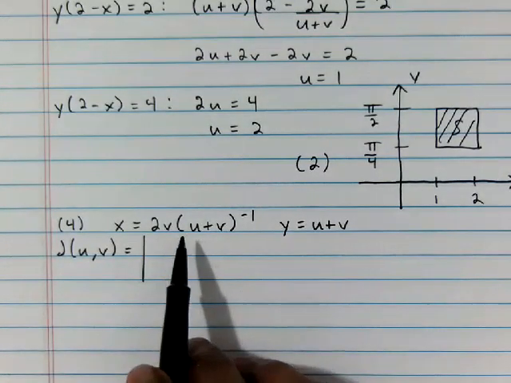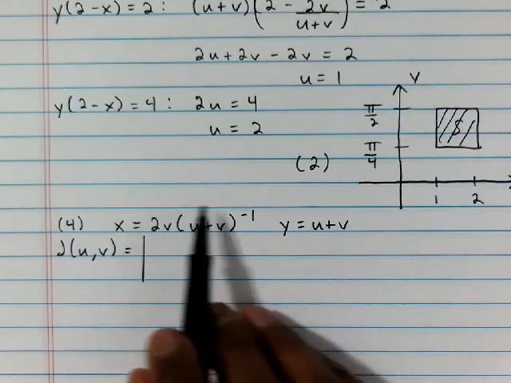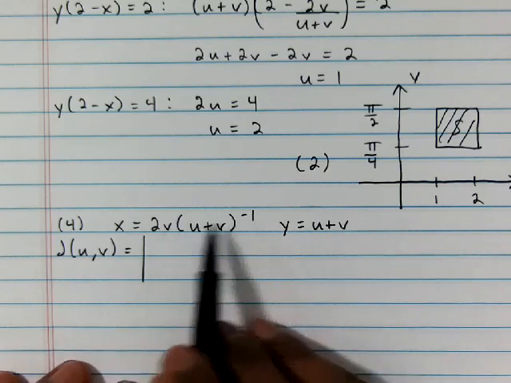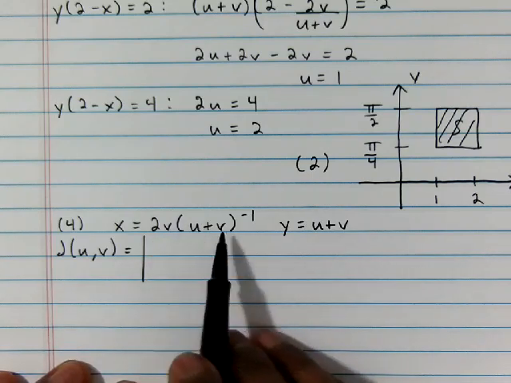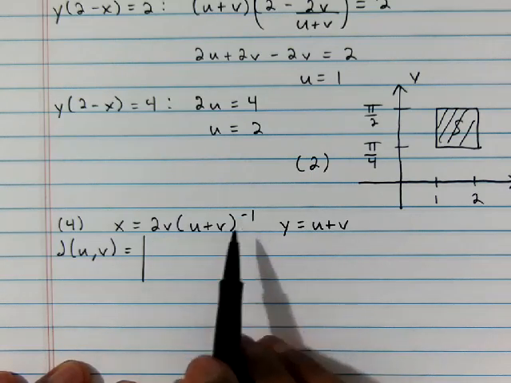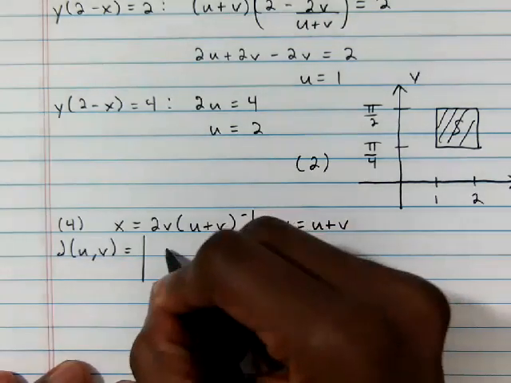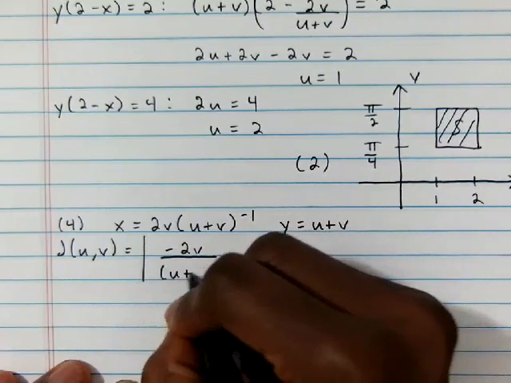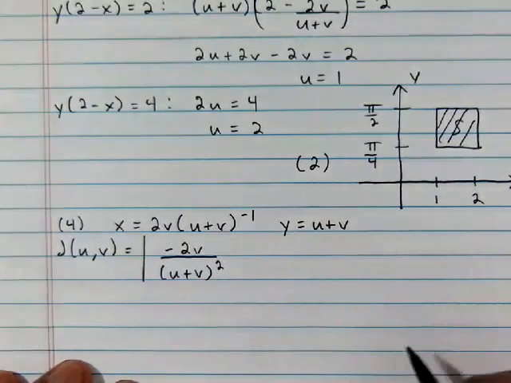So the partial of this with respect to u, the 2v's not going anywhere. The negative will come out front. Inside stays the same, then raised to the negative 2, and then times 1. So we're going to have negative 2v over u plus v, quantity squared, something down there.